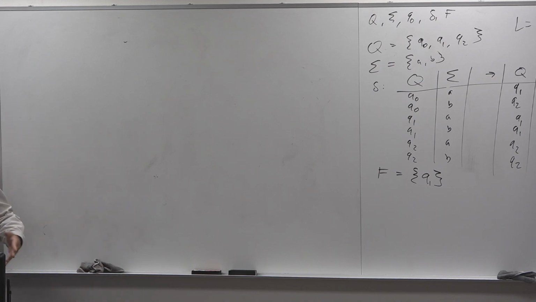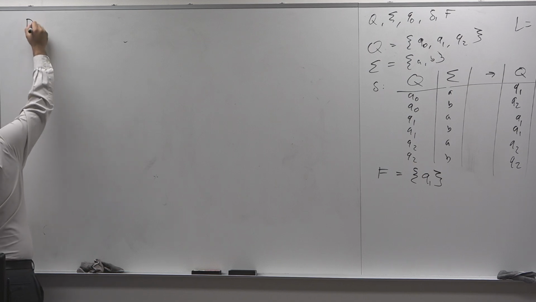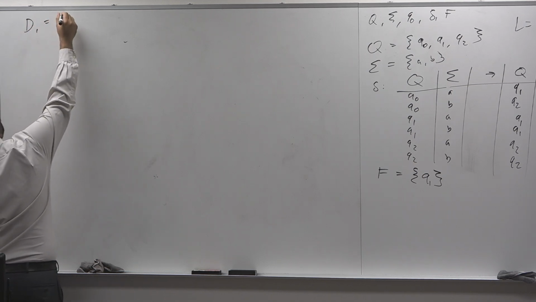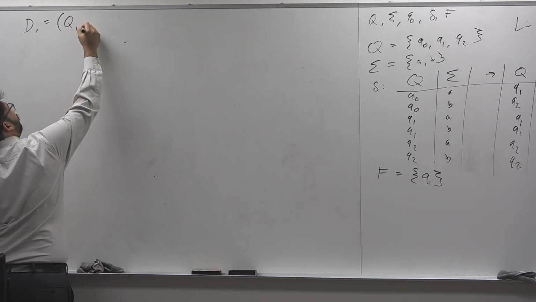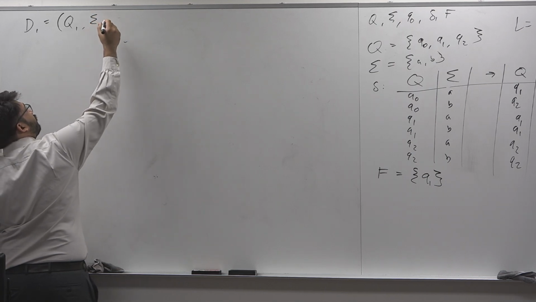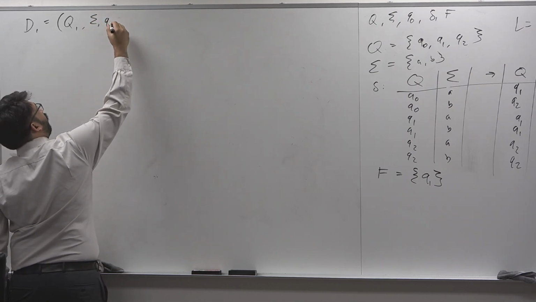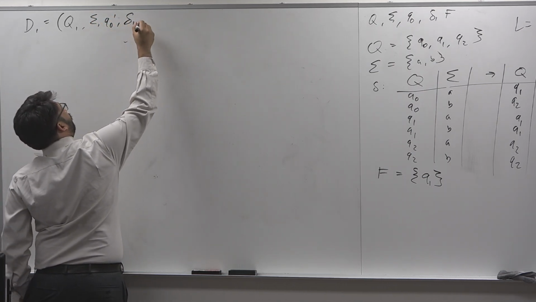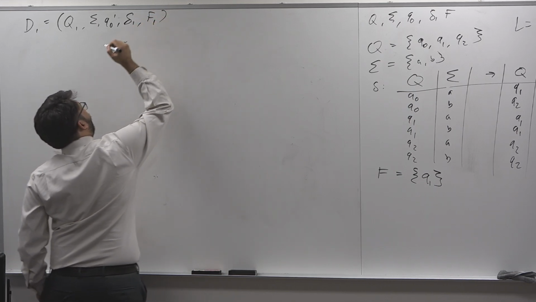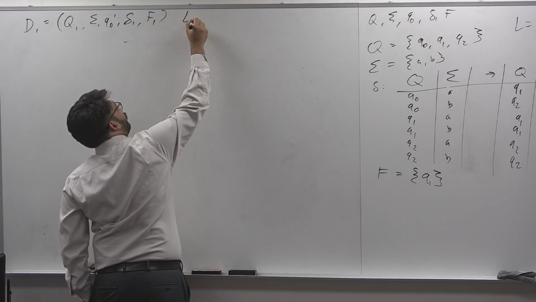But the cool thing about automata is the way they're defined mathematically, you basically can do this. So let's say we have two DFAs. We have a DFA, D1, which would be Q1, sigma, let's just say they have the same alphabet, Q01, delta 1, and then F1. And let's say this decides a language L1, right?